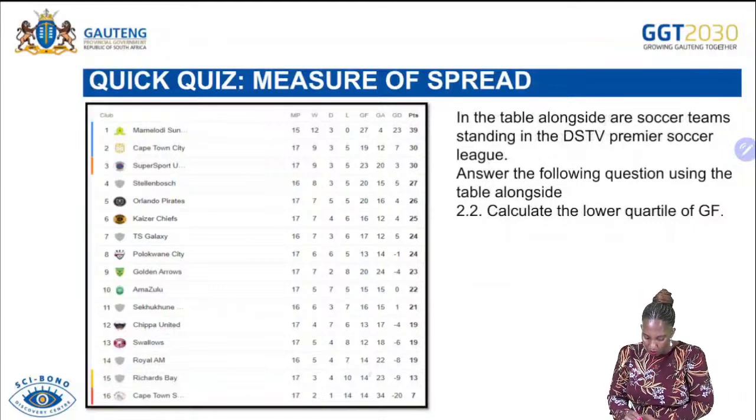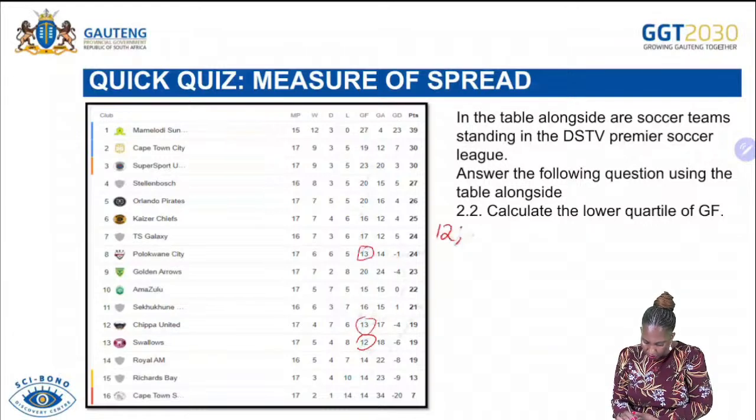Don't forget. Now, for the GF, our smallest value is 12. I'm quickly arranging. It's 12, followed by 13. How many 13s? I can spot 2 13s, so it will be 13, 13, because there's no other 13.